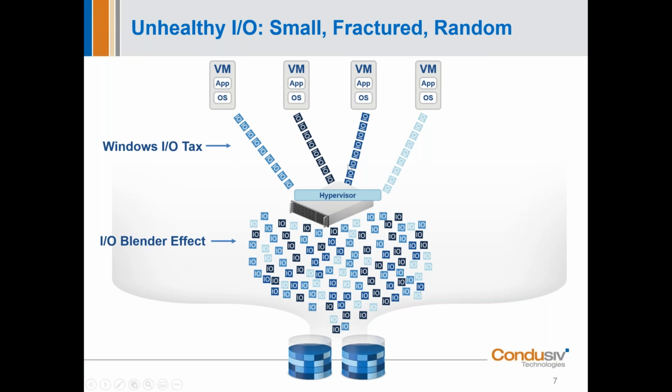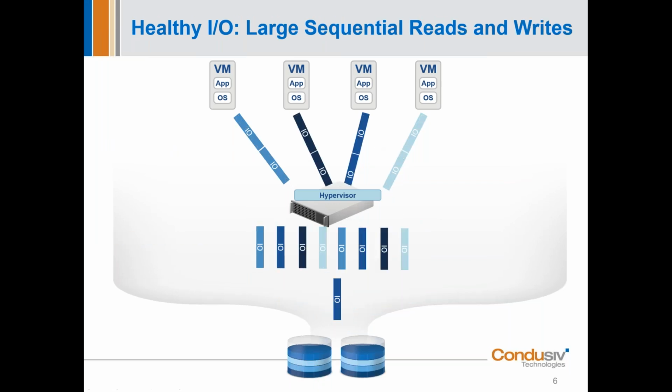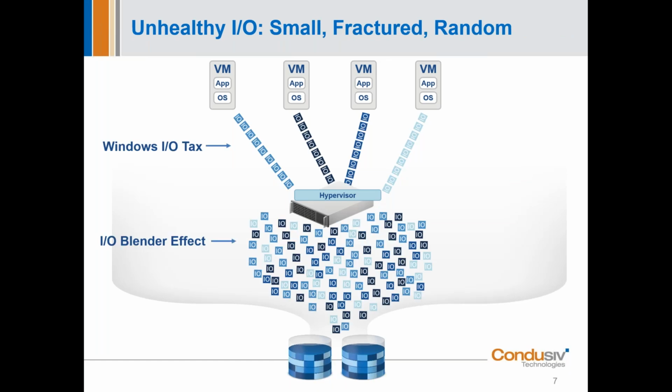Because what happens as soon as you virtualize, all of these nice, large, contiguous writes are broken up. Windows breaks them up into these small, tiny, random fragments. And those small, tiny, random fragments hit the hypervisor, and they get further randomized by what Gartner has defined, and we helped them do this, as the I/O blender effect.